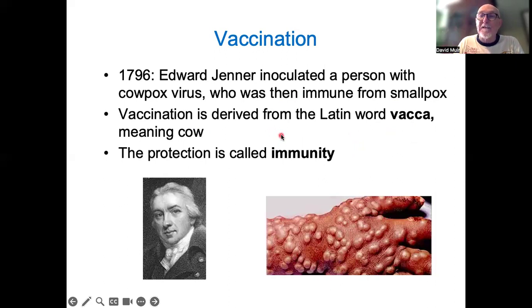At first, people were very scared to do it, but then they saw the spectacular success. People who were vaccinated had a very high resistance to smallpox, and it soon became the norm. We still use a somewhat similar method to produce a smallpox vaccine. But in fact, we no longer need to vaccinate against smallpox for the simple reason that smallpox no longer exists on the planet as a wild disease.